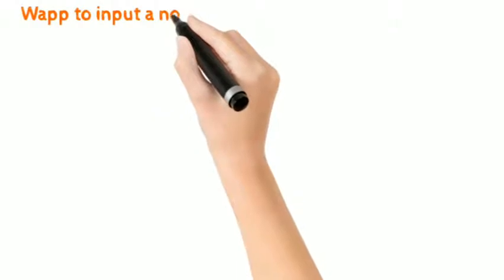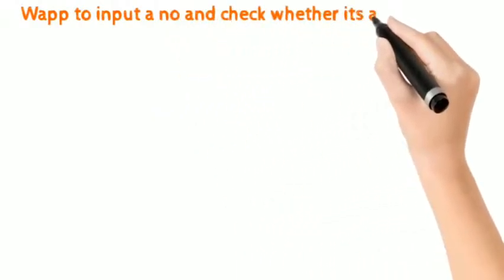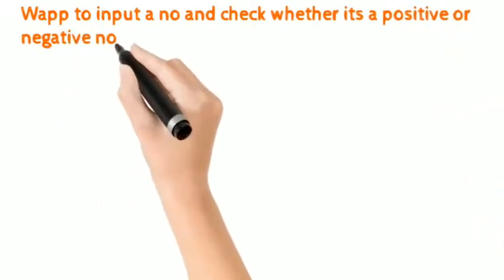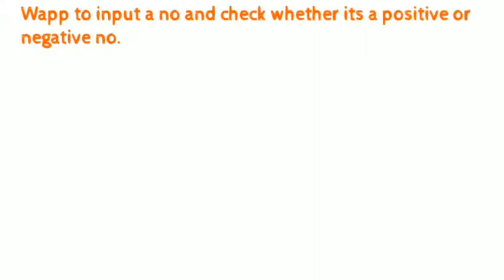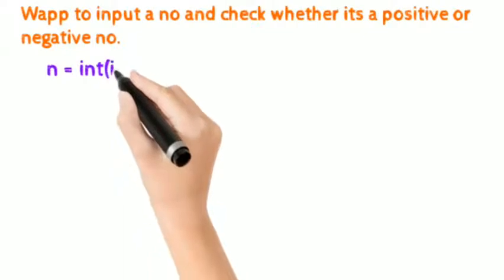First question: write a Python program to input a number and check whether it is positive or negative. In this case we have to input a number from the user through the input function, and check via an if statement whether the number is positive or negative.